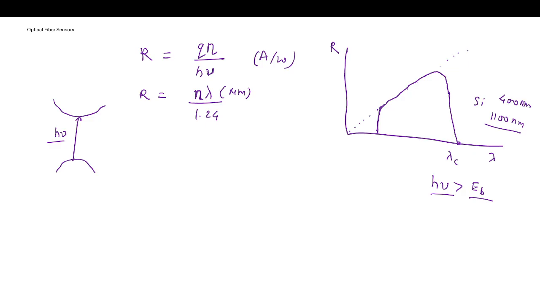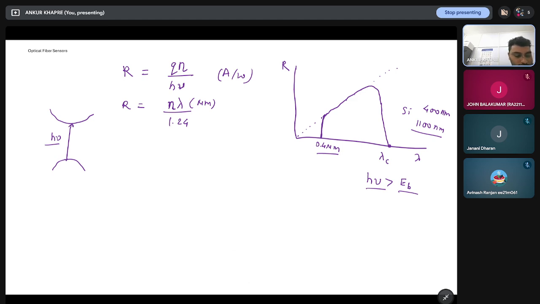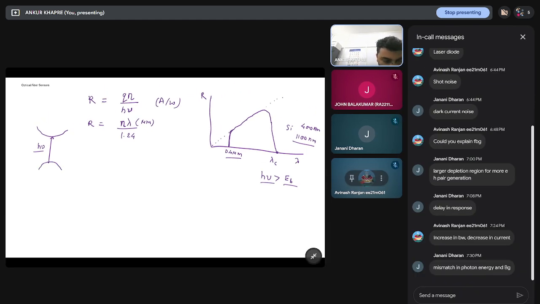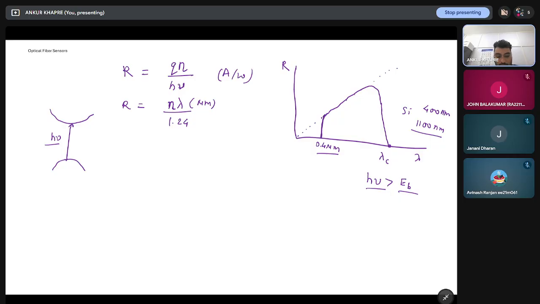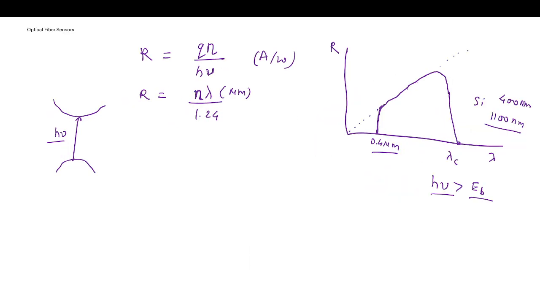But what is happening in this area, 0.4 micron? Yeah, mismatch in the photon energy and band gap. Correct. What about the high energy? Photons have so much energy, but why is it not responding properly?